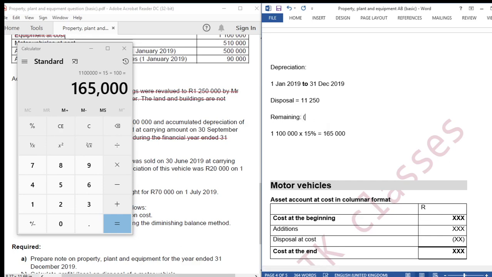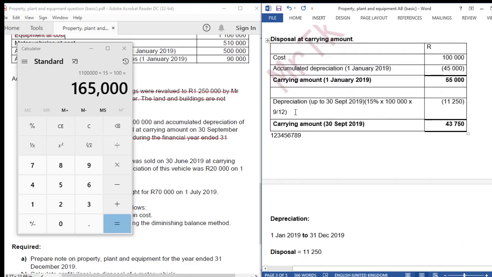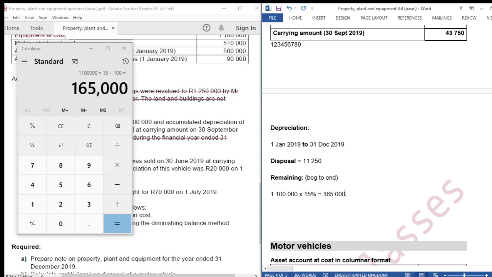So this is beginning to end. This equipment was available for use from the beginning of our financial year up to the end of our financial year. So we had to calculate this separately. Disposal, then we calculate this separately because this depreciation is calculated for 9 months only, and this is calculated for 12 months.